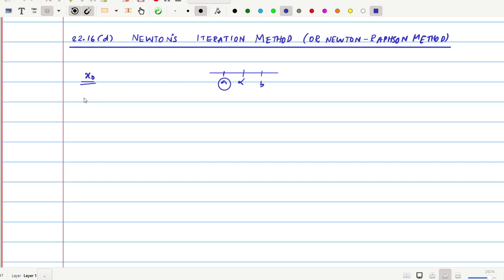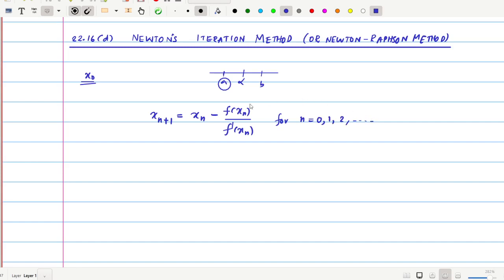Once you obtain this, the iteration formula is x(n+1) equals xn minus f of xn divided by f dash of xn, for n equal to 0, 1, 2, 3, etc.